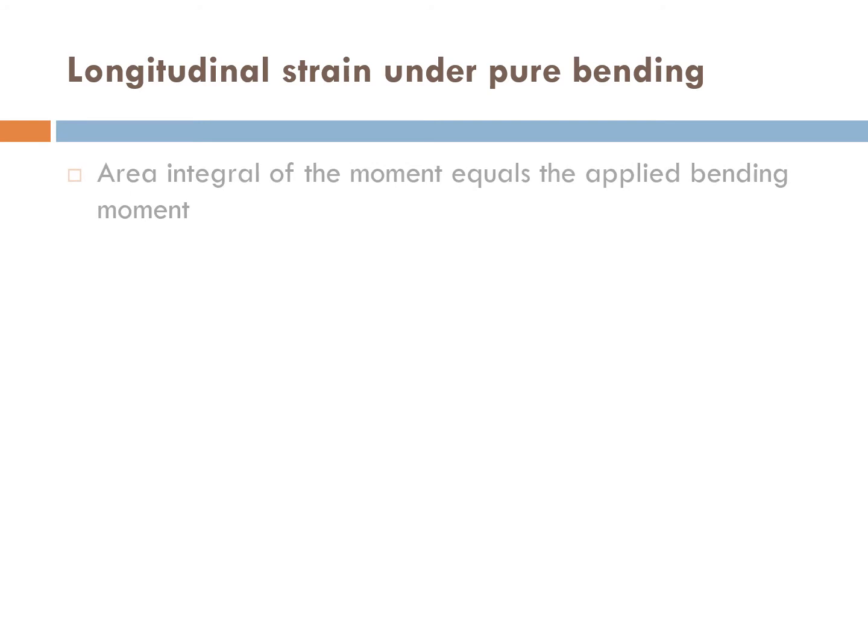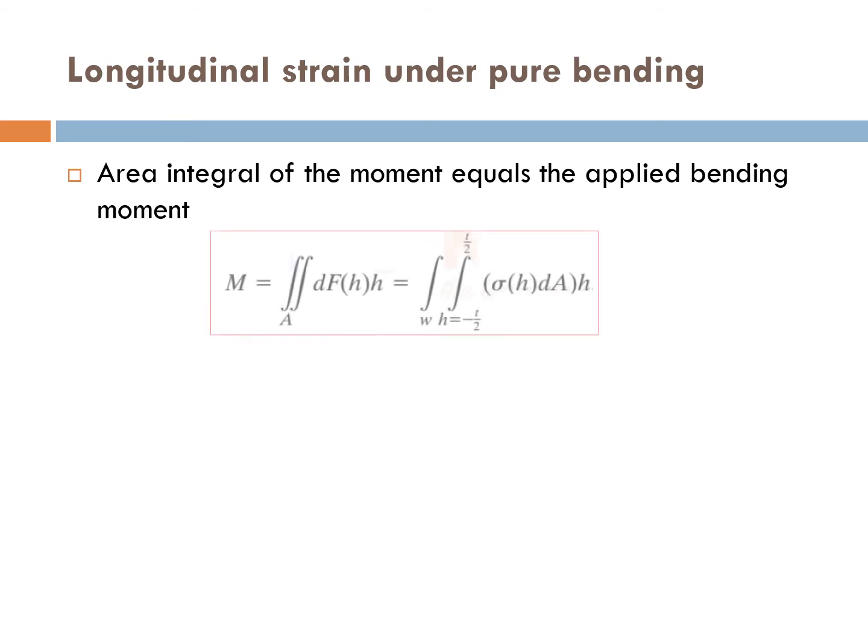The applied bending moment is obtained by taking the area integral of the moment dFh into h. dFh can be replaced by the normal stress into the area, sigma h into dA. The integration is extended within the width of the beam W and the height which extends from minus t by 2 to t by 2.